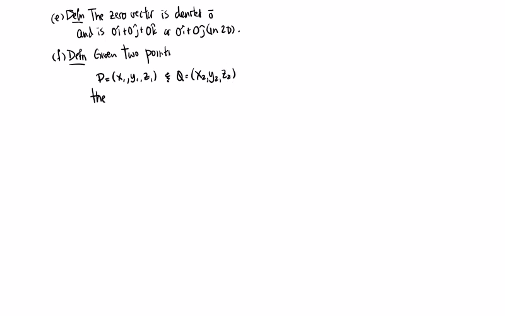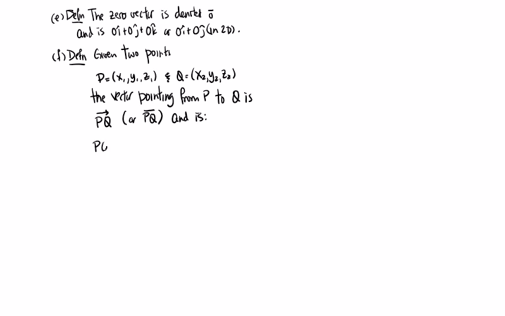We can construct a vector that points from P to Q. This is denoted by PQ with a line over it. You can also do PQ with an arrow over it to say from P to Q. The book tends to use this notation, with an arrow, but you can just do PQ to be unambiguous.